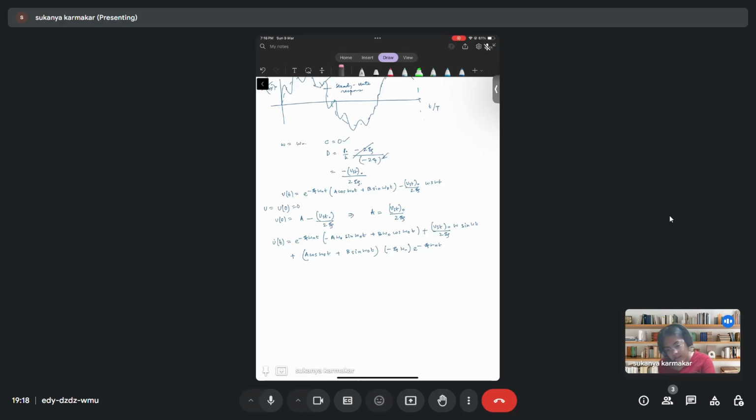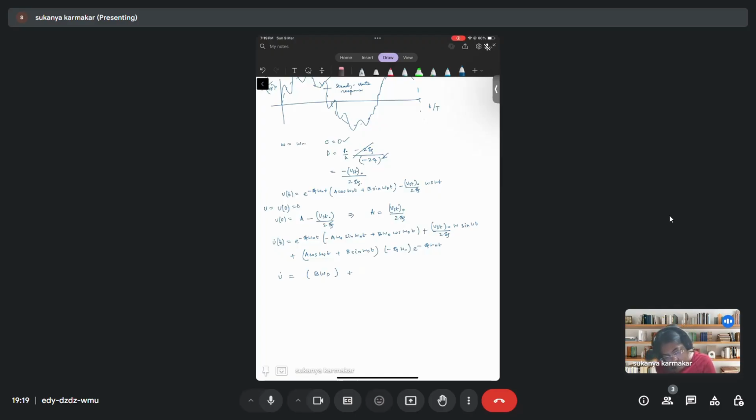So at t is equal to 0, let this velocity be u dot minus a omega t. So this sine of omega t at t is equal to 0 is 0, plus b omega d. So this becomes 1, plus sine omega t is again 0.